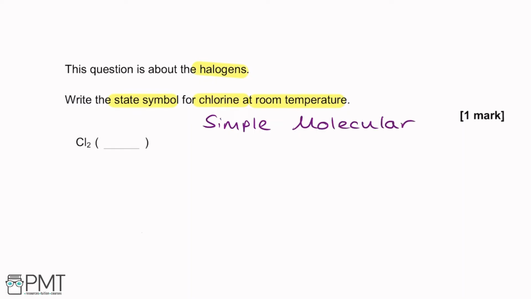And one of the properties of simple molecular substances is that they have low boiling points. Okay, and this is due to the weak intermolecular forces. So, we can say that chlorine is going to be a gas at room temperature because of its low boiling point. And the state symbol for a gas is G.